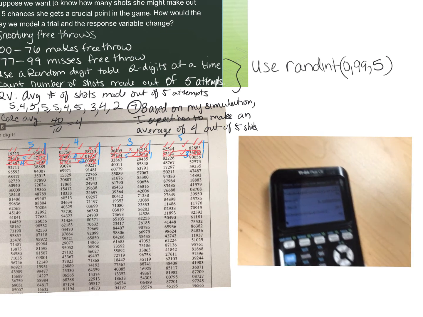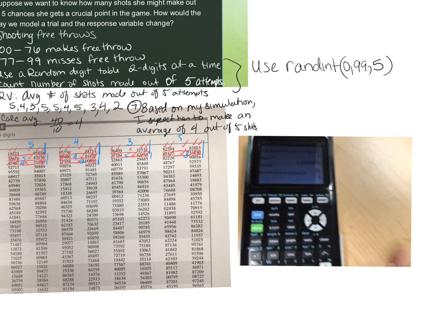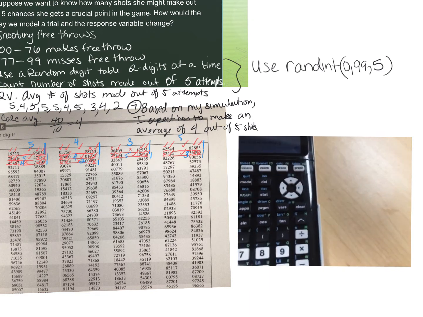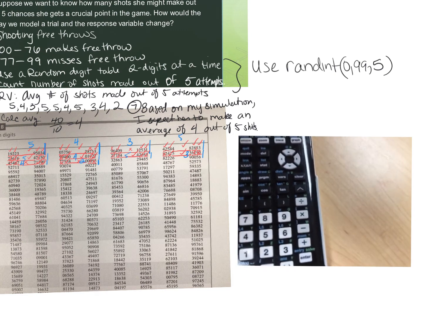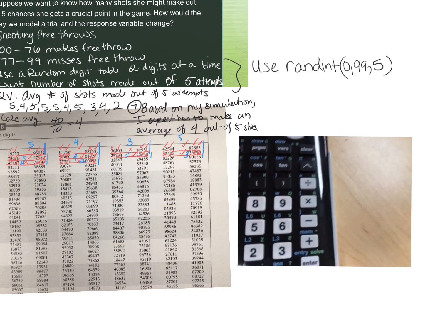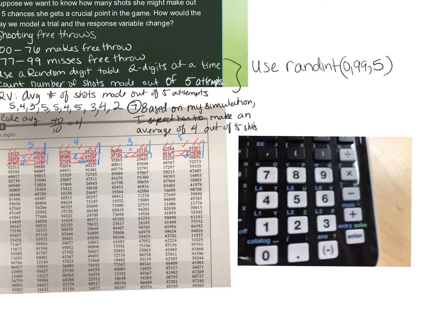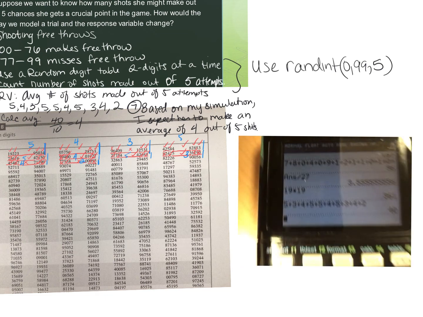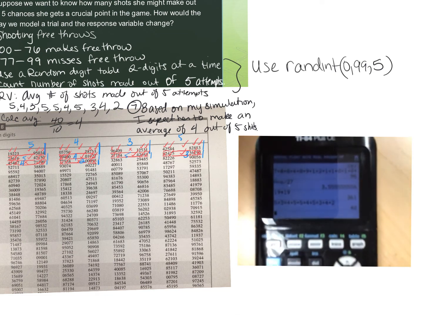Randint, when I put in 5 at the end, it says, give me 5 numbers. Well, if I'm doing 5 out of 10 shots, I can ask the calculator to give me 5 at a time, and then I can analyze that. If I'm doing how many till she misses, I kind of have to go 1 at a time, which is what we did yesterday. So in your calculator, where's your randint button?